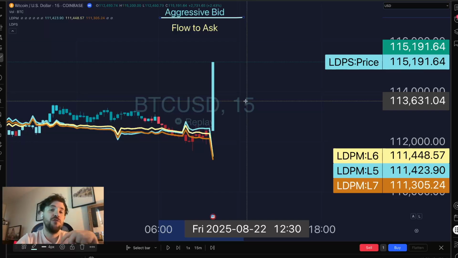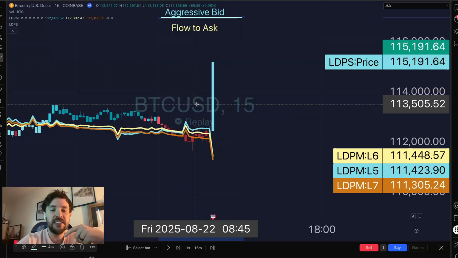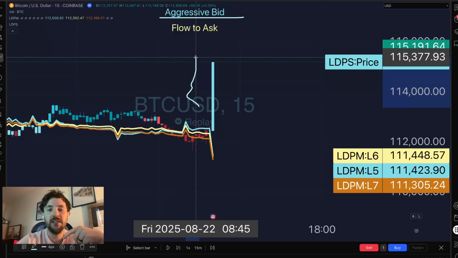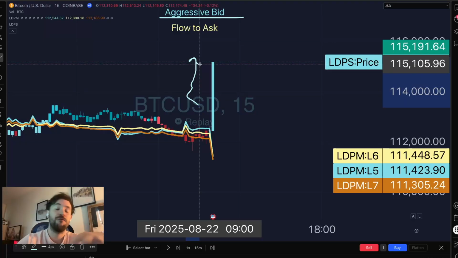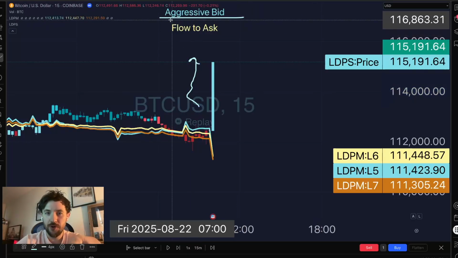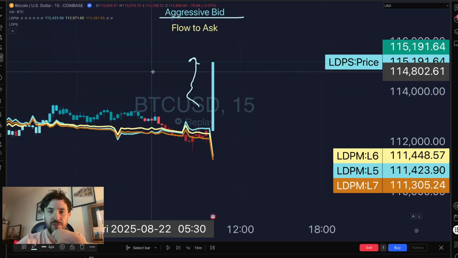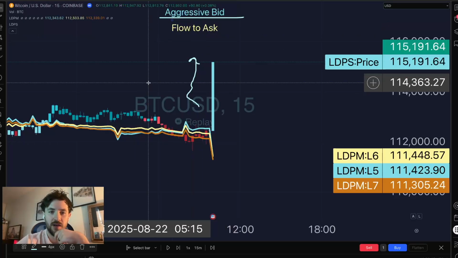Aggressive bids actually move past the ask and transact above the ask. And this gives incentive for the ask to slam on the gas and move their ask upwards so that they can sell for a higher price. And we can see here exactly that aggressive bid flowing to the ask.